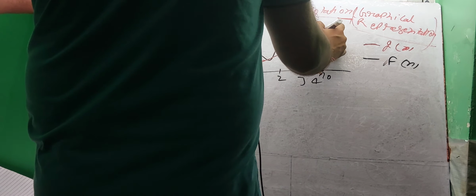But from 4 onwards, we use two constant values, that is c1 dot g of n and c2 dot g of n. By using the two constants, c2 dot g of n will always be greater than f of n.